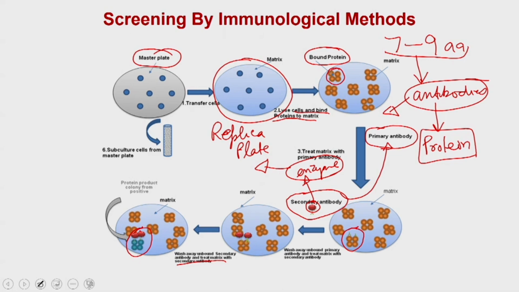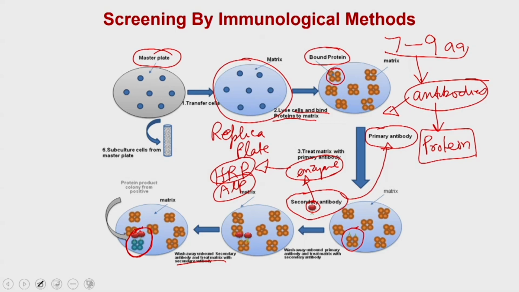The enzymes which are very popular are HRP, horseradish peroxidase, or alkaline phosphatase. Based on whether you are using horseradish peroxidase or alkaline phosphatase, you can use their corresponding substrates, and these substrates are processed by the enzyme present on the secondary antibodies, and then they will precipitate onto the site of these clones.